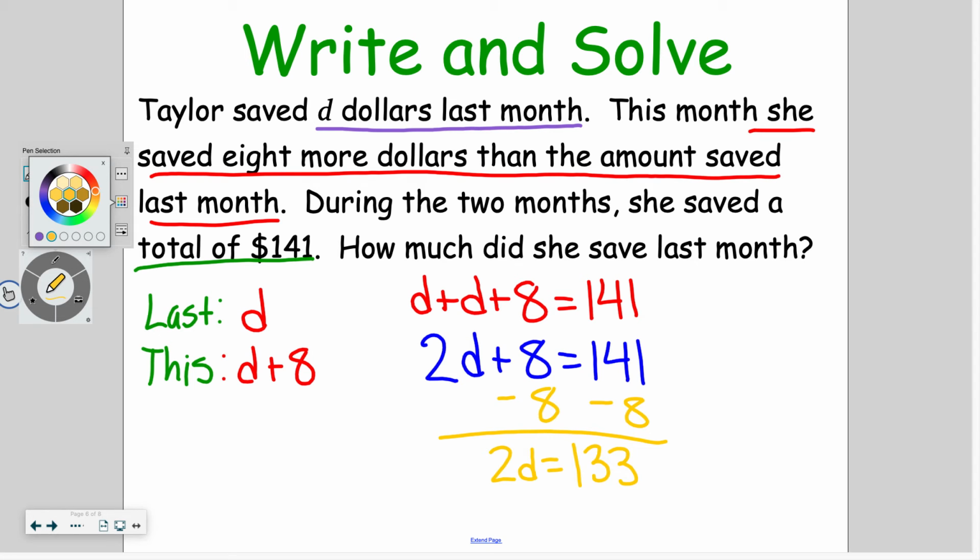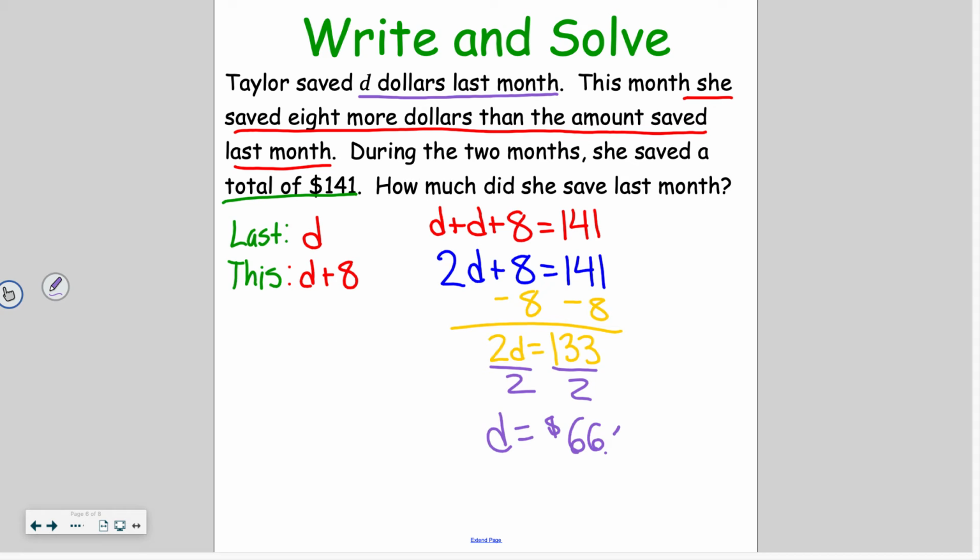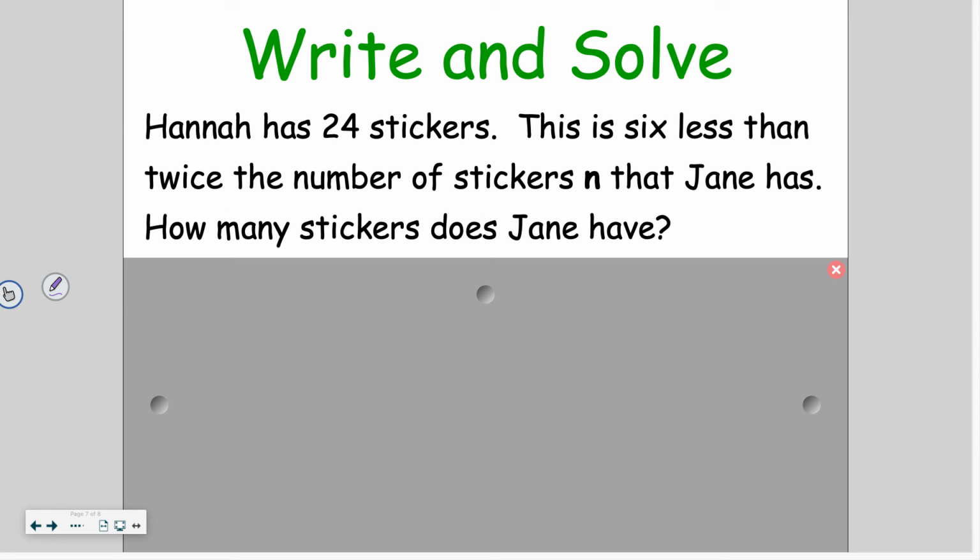And that is going to give me a final answer of last month she saved $68. So we have to read the problem, make sure you're picking out all of the details. It might involve a little setup off to the side before you write the actual equation. Once you have the equation, then you are able to solve it. Go ahead and try this one on your own.